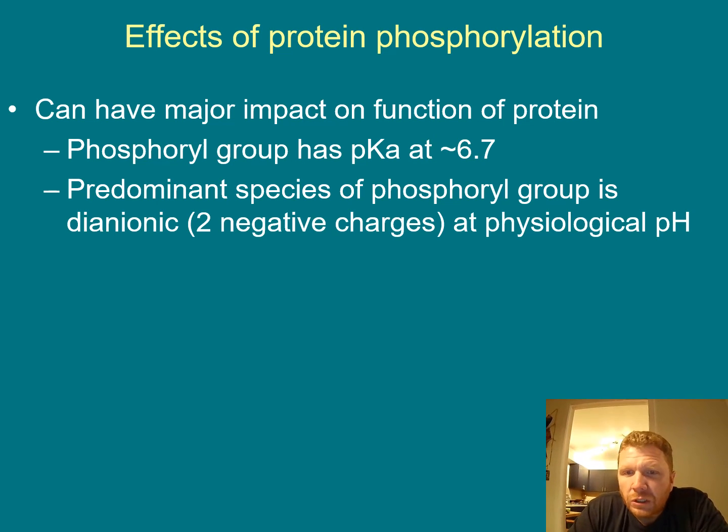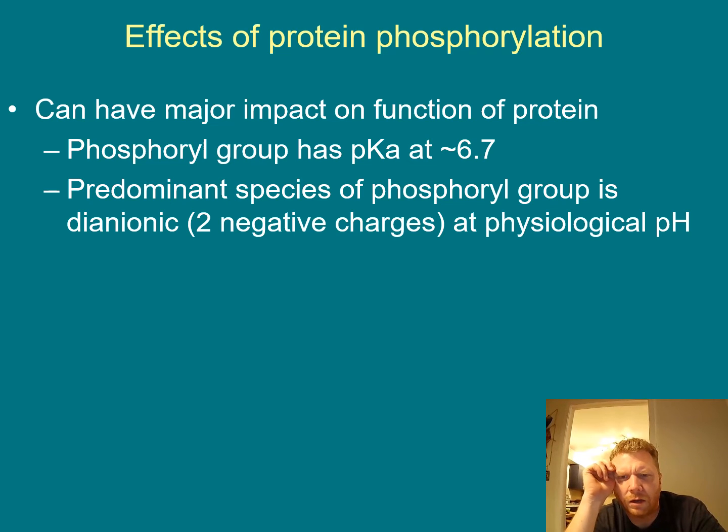The predominant species of a phosphoryl group is dianionic. It has 2 negative charges at a physiological pH. So now not only is it larger, where a hydroxyl group is really good at hydrogen bonding, but a phosphate group now has 2 negative charges.